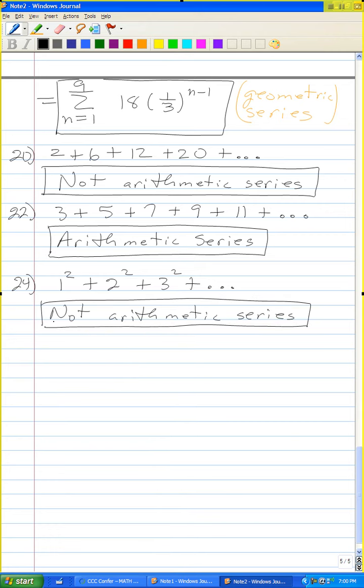This has a form, so there's actually a name for this. This is a Riemann zeta function, well, series. So this is actually a very, very famous series.